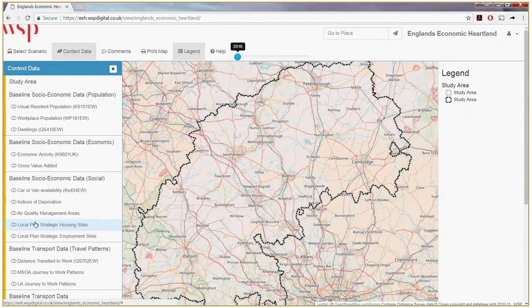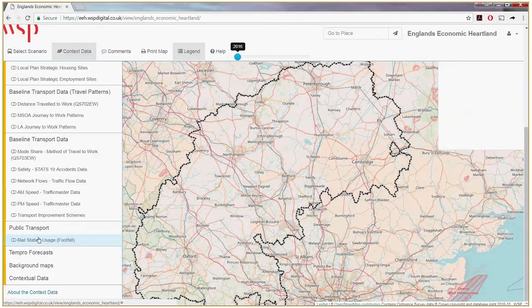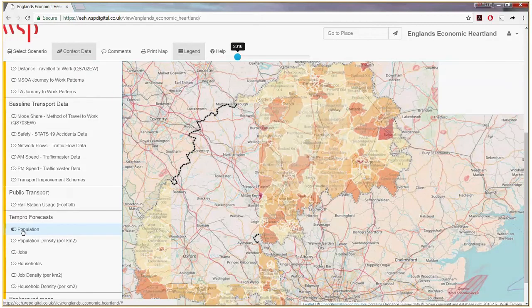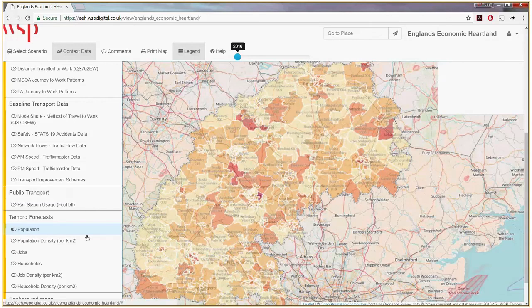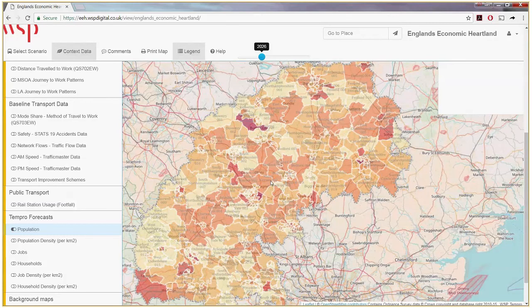So we have forecast demand data on our system as well. So here's the Tempro government population forecasts, and you can see this little time slider here. If I move that, then I'm shown the data that's relevant to that year.